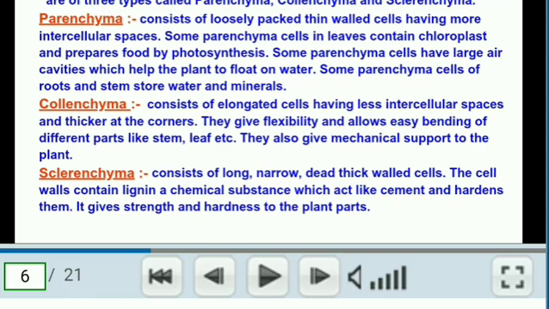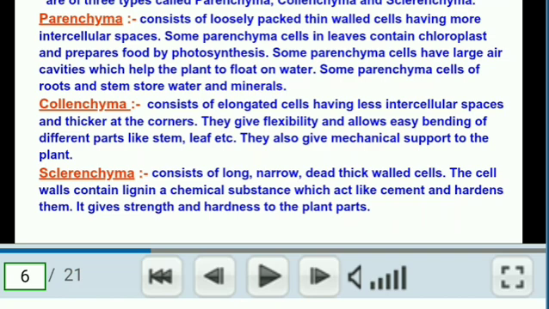Then the last simple permanent tissue given to us is sclerenchyma. Sclerenchyma consists of long, narrow, dead cells with thick walls. In collenchyma we had thicker walls at corners, but here the cells are dead and have thick walls, and this cell wall contains lignin, L-I-G-N-I-N, a simple substance which acts like cement, hardening them and providing strength and hardness to the plant.